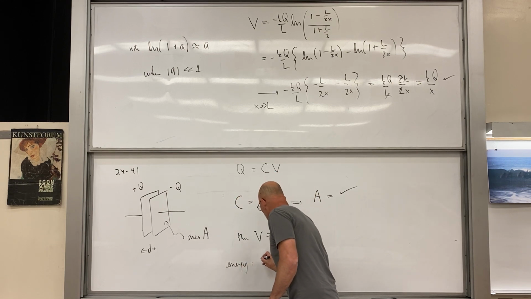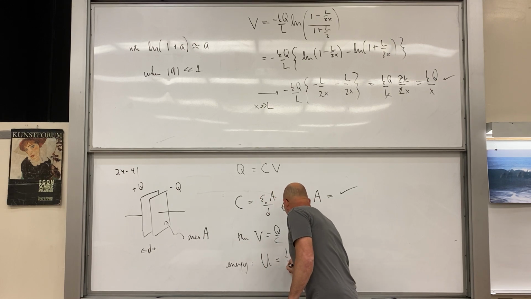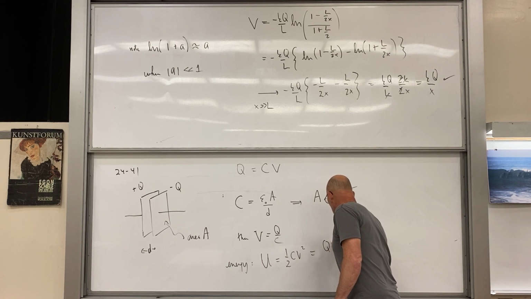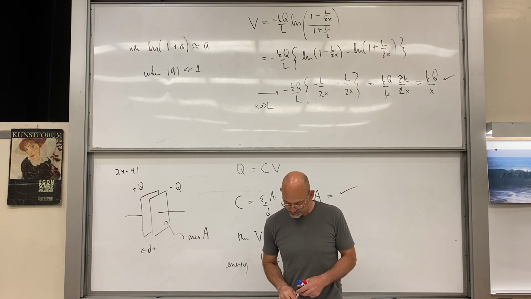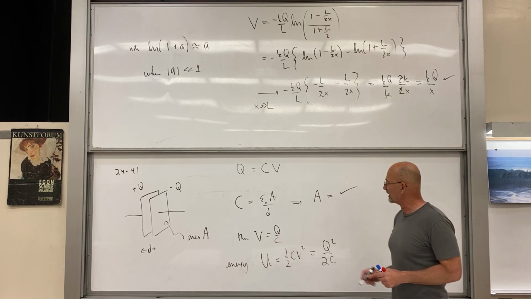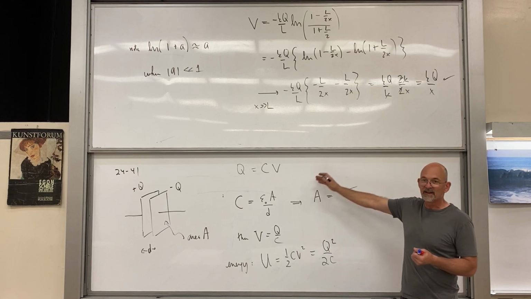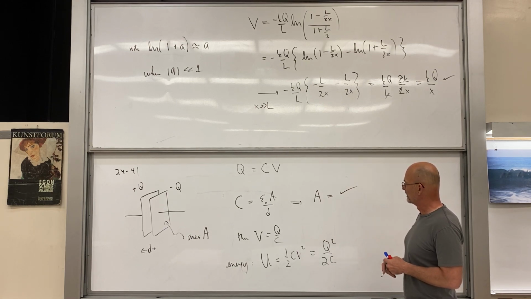U is equal to half CV squared, or Q squared over 2C. Those are equivalent expressions. And then the field times D is V. So anyway, for problem 41, you were just manipulating these formulas.